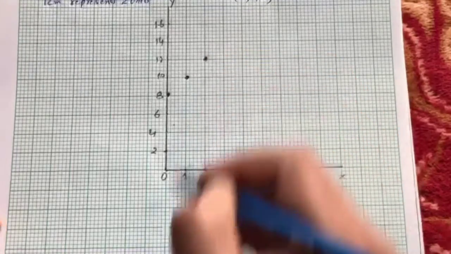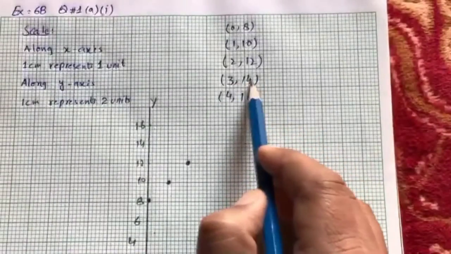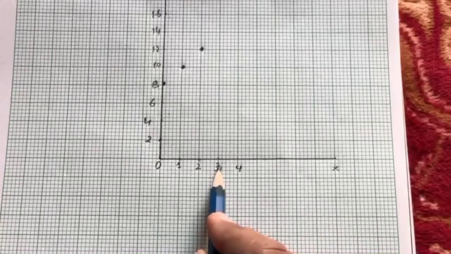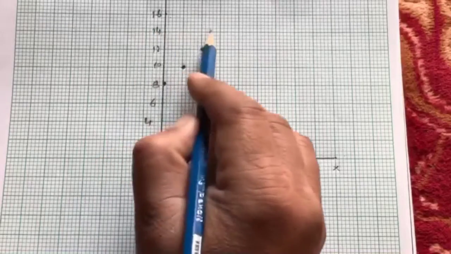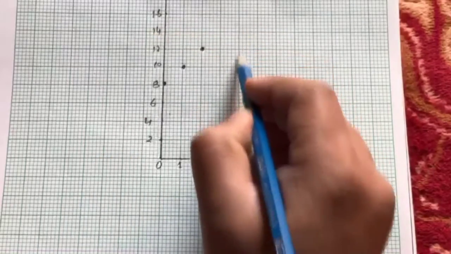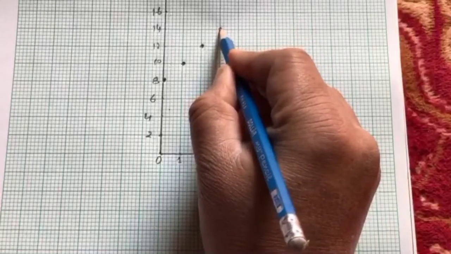So we place this point over here, and the next point is 3 and 14. We'll place this point on the graph paper. Here is the x-axis, which is positive 3, and here is the positive value of y, which is 14. These 2 points meet at this point, so we'll place this point over here.